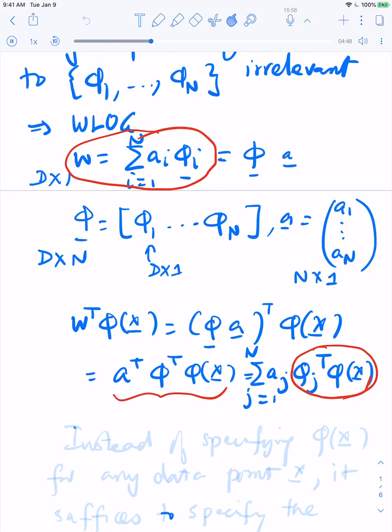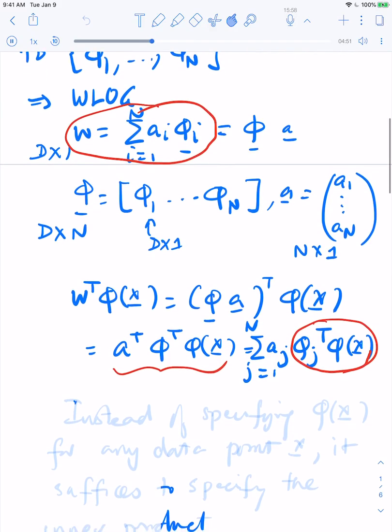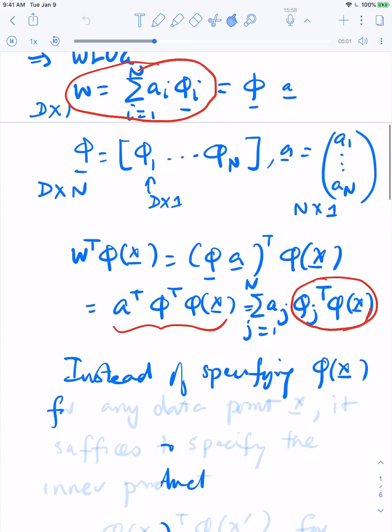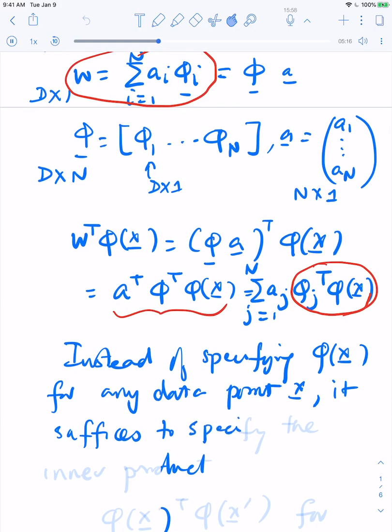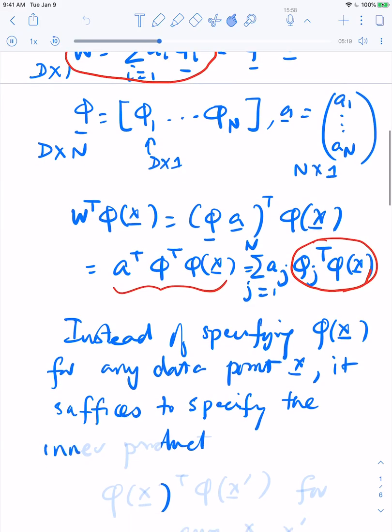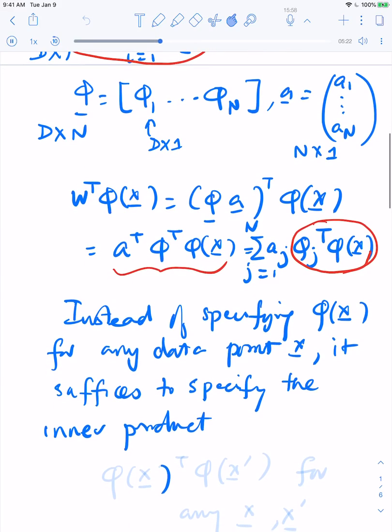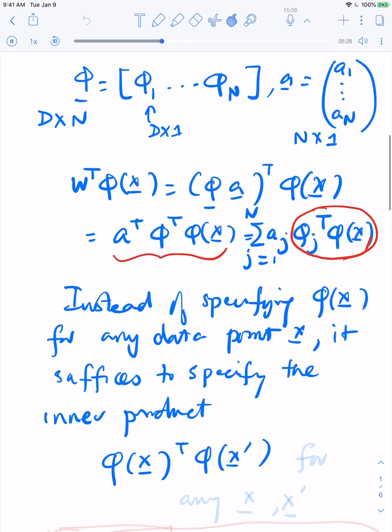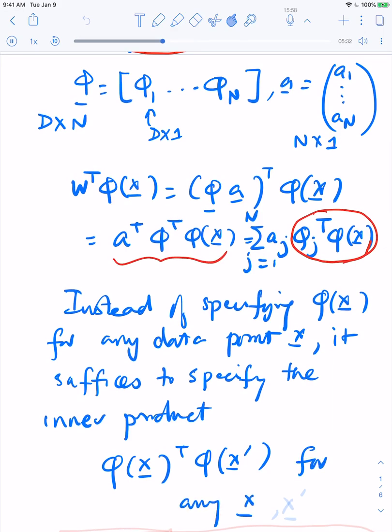So basically, instead of specifying the feature vector phi of x for any data point x, it suffices to just specify the inner product phi x transpose phi x prime for any x prime, right?